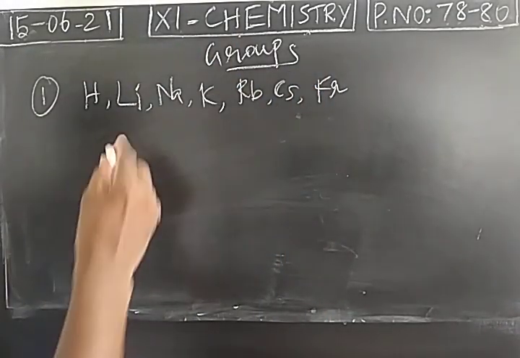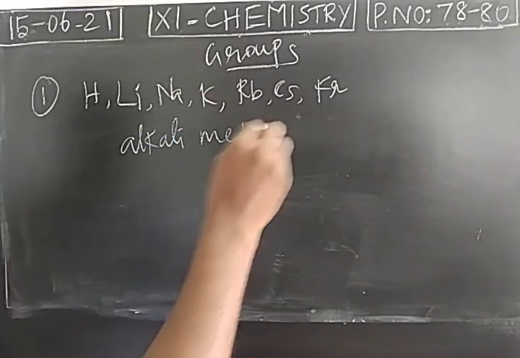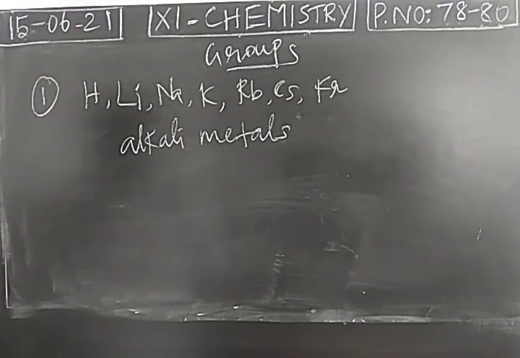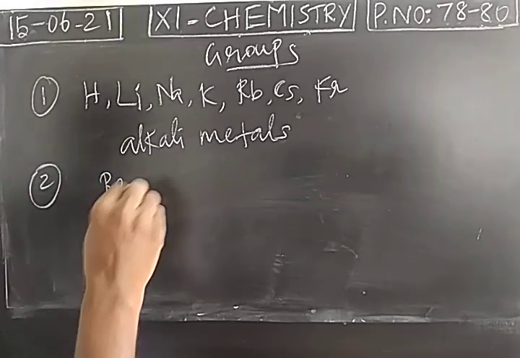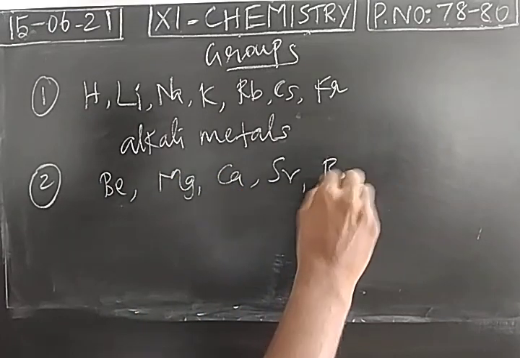So these are called alkali metals. These metals form bases easily, such as sodium hydroxide and potassium hydroxide. They form basic compounds easily, so they are alkali metals. And take group number 2: beryllium, magnesium, calcium, strontium, barium, radium.